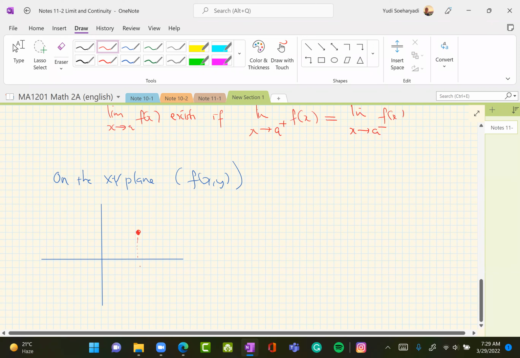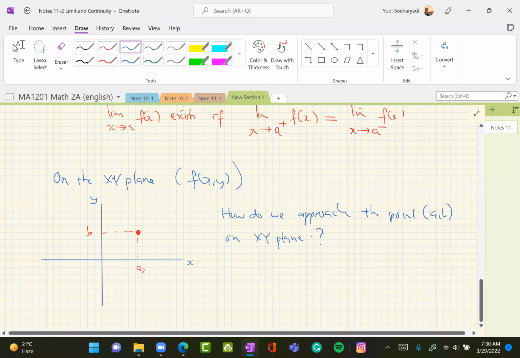So say this point x0, this is point A, this is B. The question is, how are you going to approach this point here? How to approach the point in this direction on the xy plane?